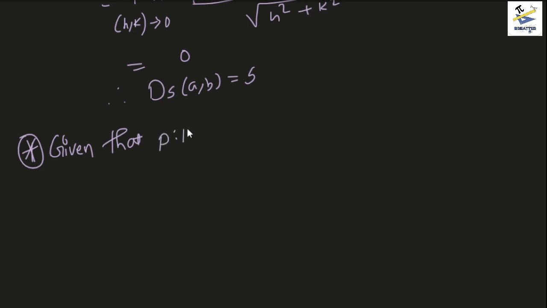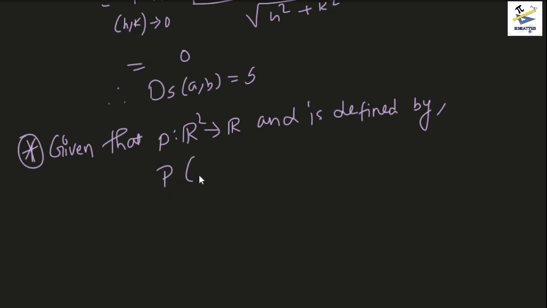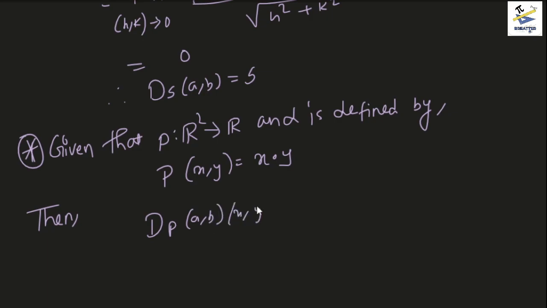Given that P goes from R squared to R and is defined by P of (x, y) equals x dot y, then the derivative of P at (a, b), applied to (x, y), is equal to ay plus bx.